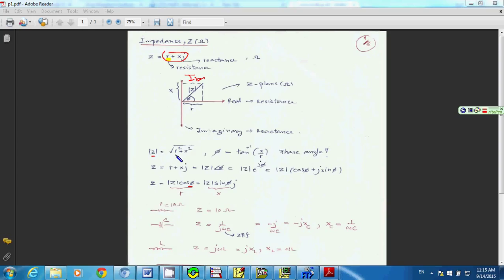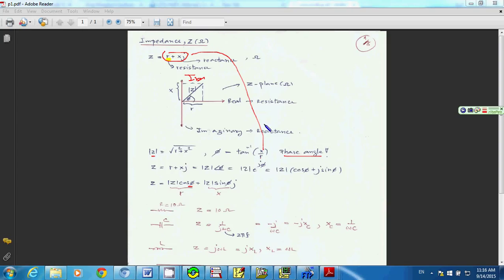So the magnitude of z equal to square root r squared plus x squared, and then the phase angle phi equal to arctan the imaginary part divided by the real part. So that's why you have x over r here as called the phase angle.